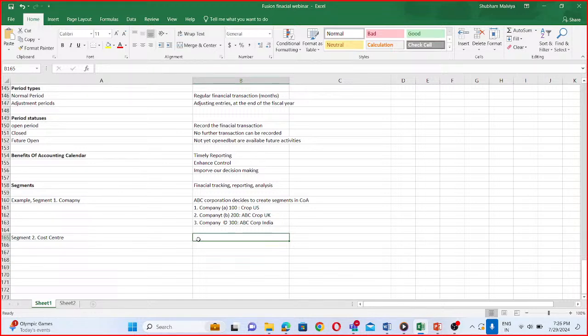So why do we need a cost center? It represents departments or cost centers which are responsible for managing expenses. That is why we make this second segment, cost center.